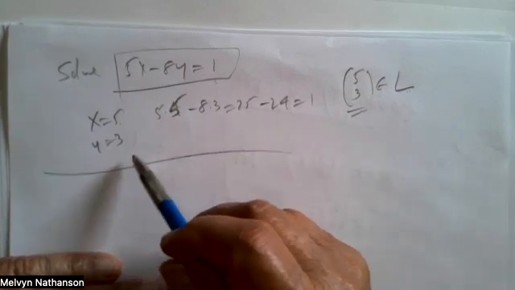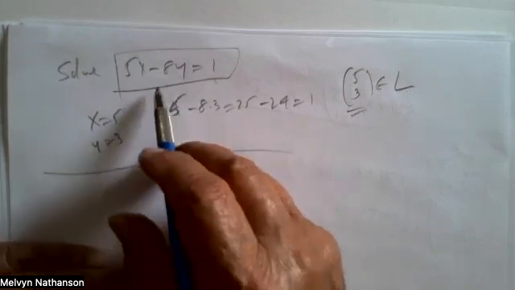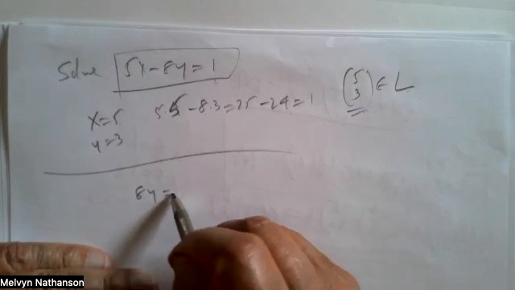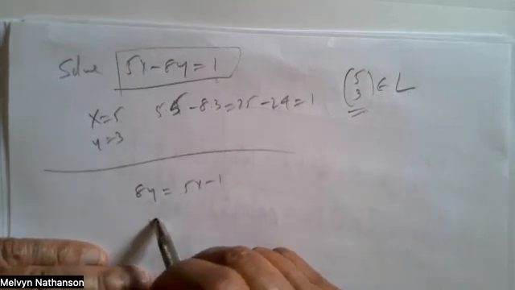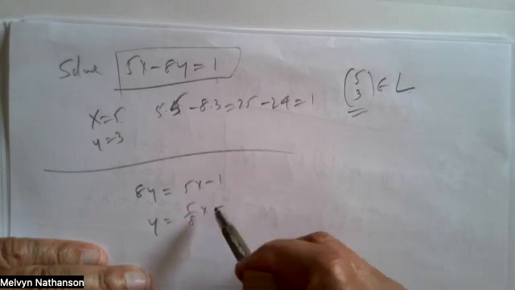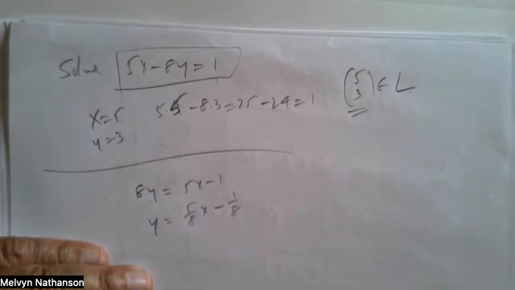Or if I couldn't find one by trial and error, I could solve this equation for y: 8y is 5x minus 1. So y is any number of the form 5/8 x minus 1/8.